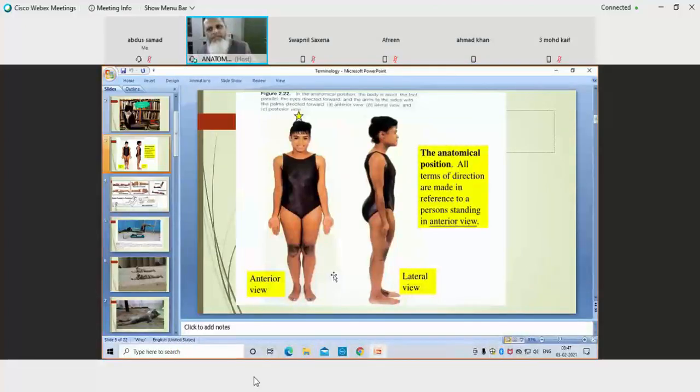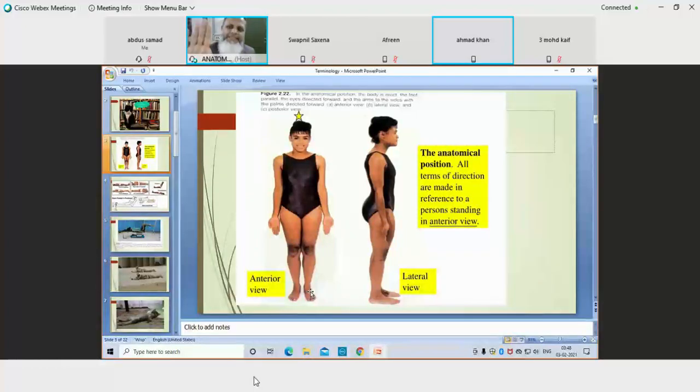Basically, the part of the foot which, in the anatomical position, is in contact with the earth is the plantar surface, also known as the sole. The part which you are visualizing is the dorsum of the foot, and in the hand, this is the dorsum of the hand.